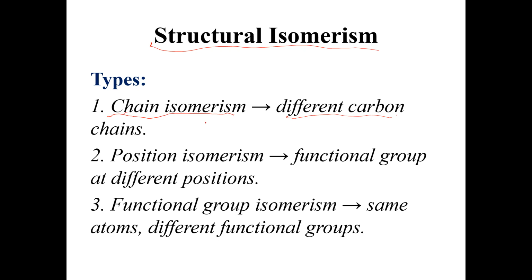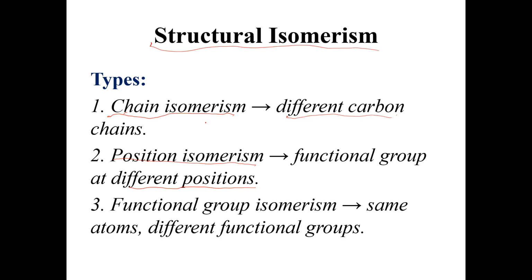Then those which have the functional group at different positions, we call position isomerism. So position isomerism is the existence of compounds with the same molecular formula, but they differ in the position of the functional group. That is what we call position isomerism.